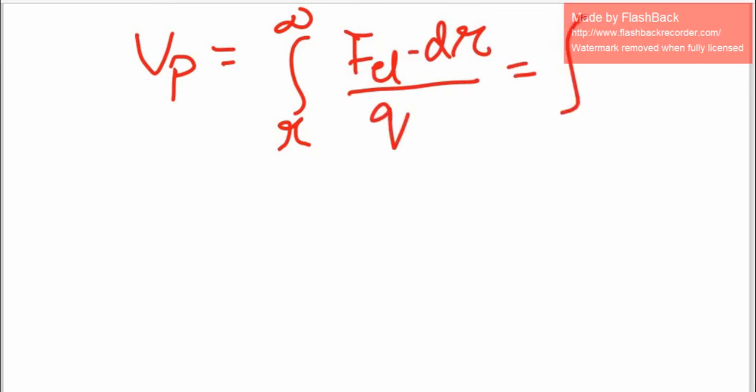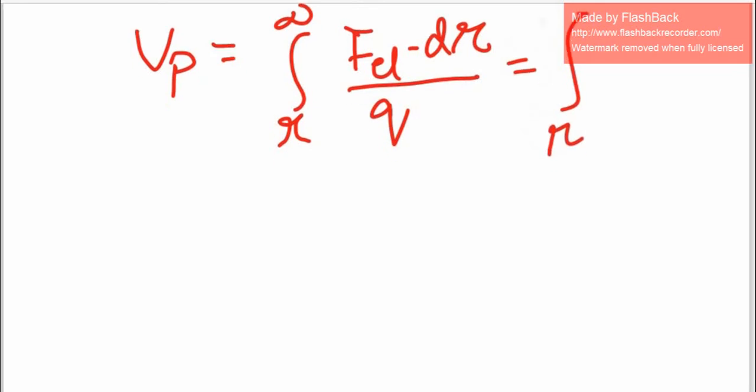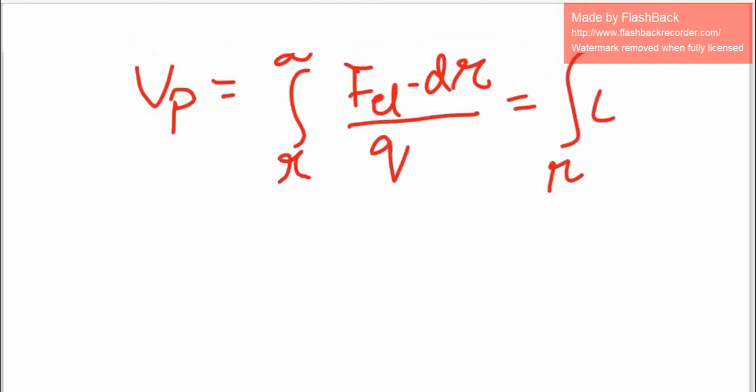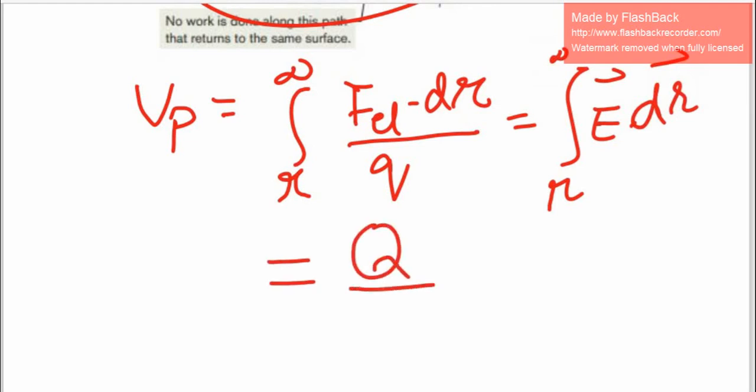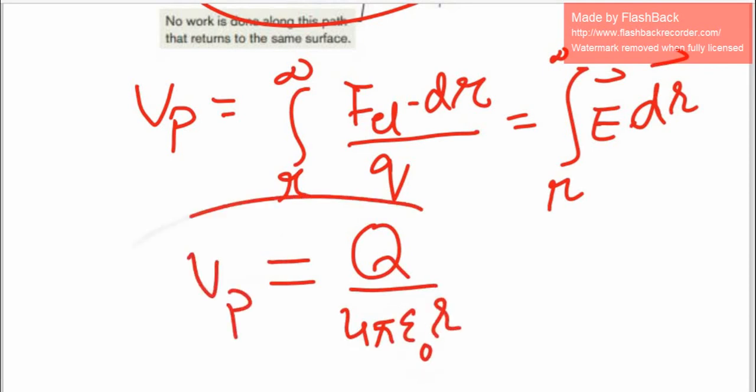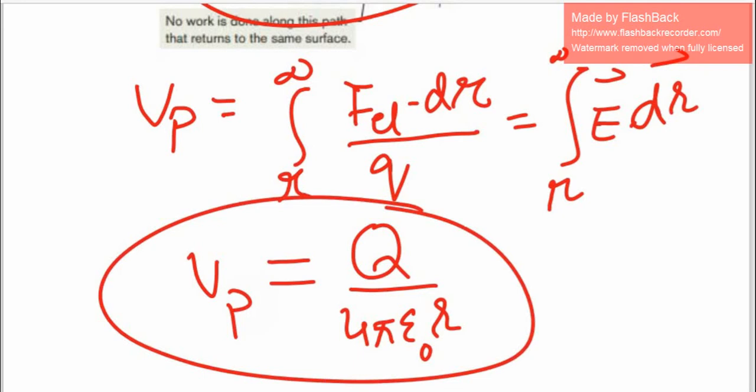So this is also equal to the integral from r to infinity of E dot dr. By calculating this integral, we will get the result of the potential at point P, which is Q over 4 pi epsilon naught r, the same case as we discussed in our previous lecture.